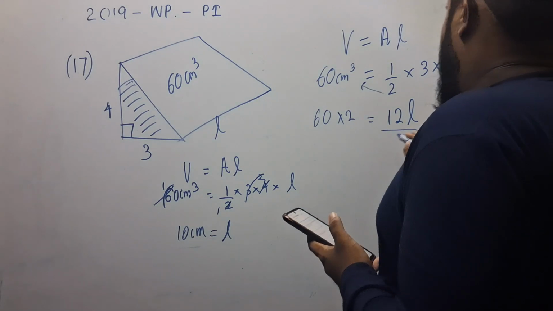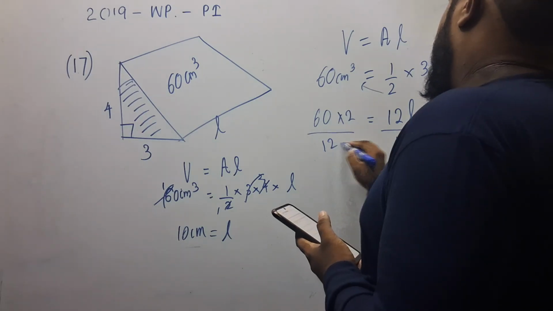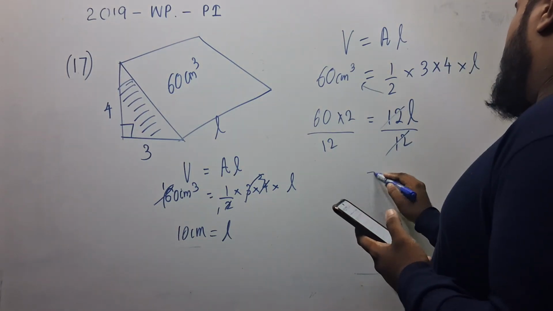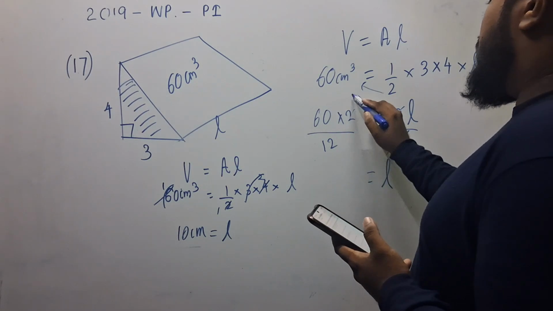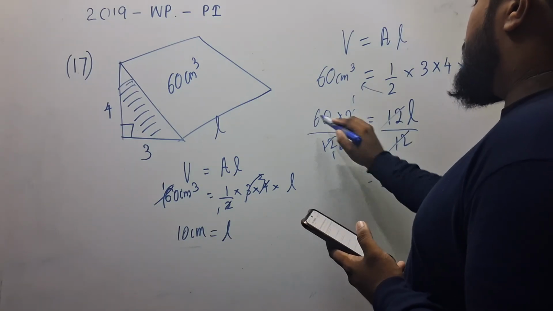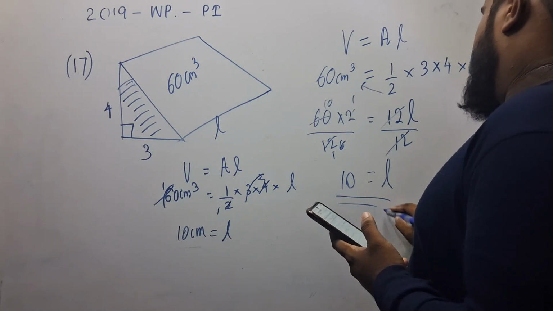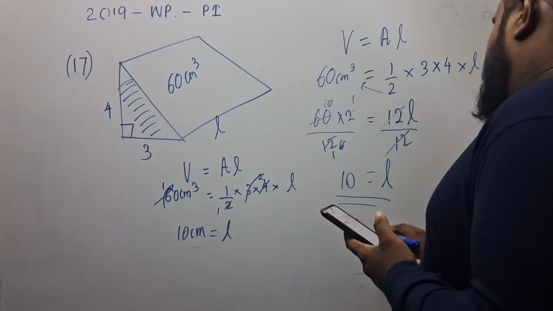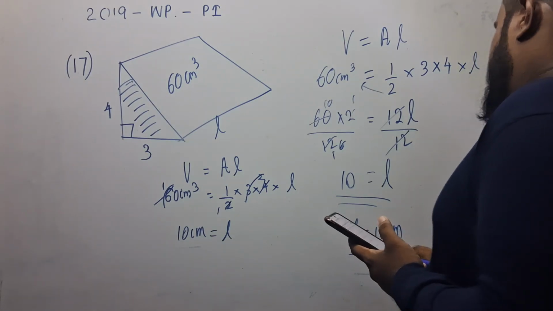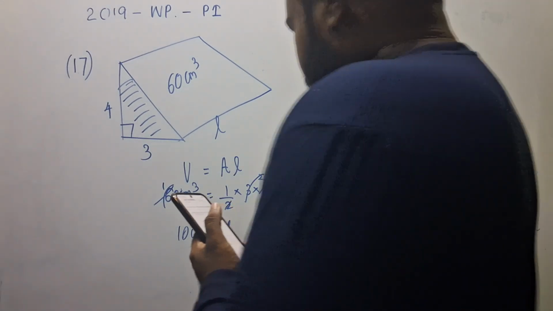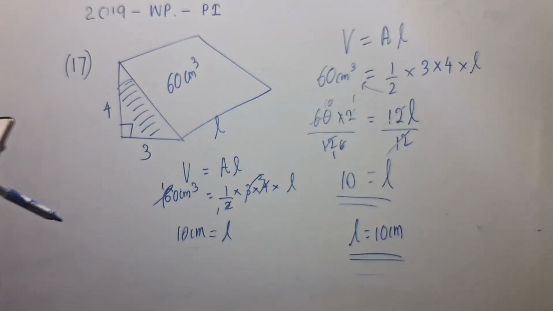Now divide both sides by 12. 12 is cancelled for 12. L becomes 2 has 1, 12 has 6, 6 has 1, 60 has 10. L equals 10 centimeters. So finally write L equals 10 centimeters. Okay, no matter. You can use any method.